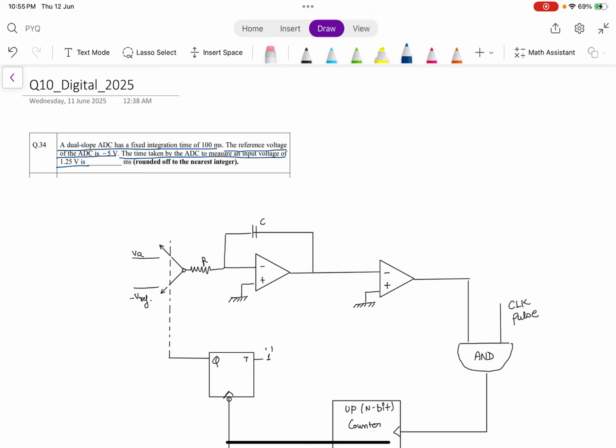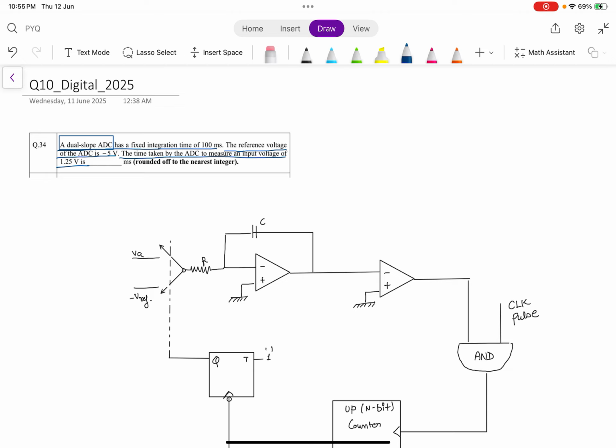So before starting this question, I recommend you have a good explanation of the dual slope ADC, because in recent past years so many questions were asked on this topic based on different types of derived formulas.